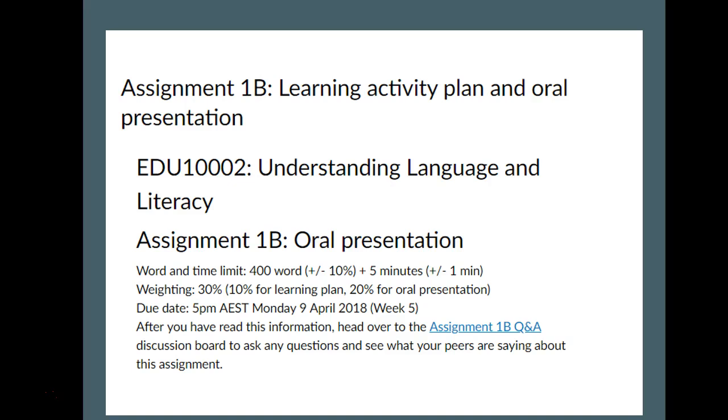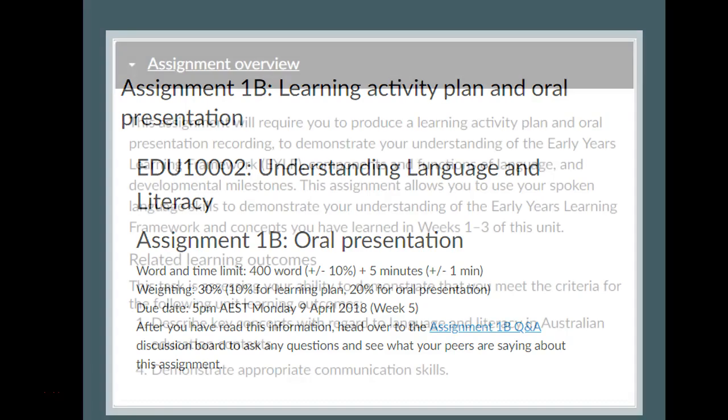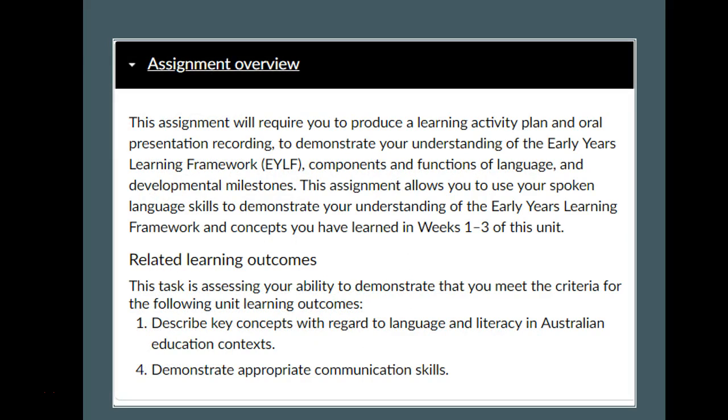So make sure you've read all the information in the Assignment 1B thread on the discussion board, and you can also put up questions in the question and answer thread on your discussion boards as well. So here's our overview.